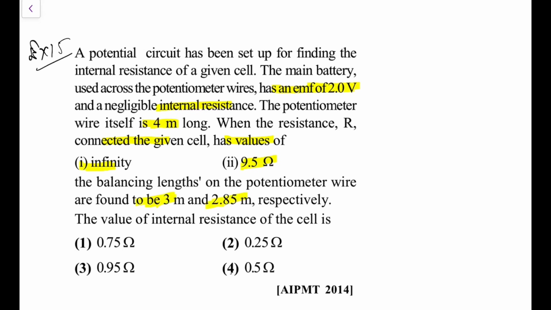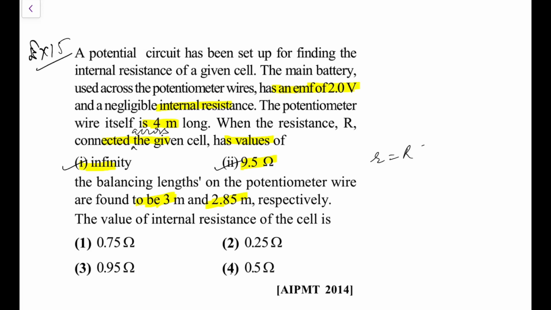The value of internal resistance? So I have taken this question just to give you an idea of the language. When the resistance R is connected across the given cell, I think it should be a printing mistake here. Across the given cell, when R is connected, that means it is shunted. When it is infinity, that means EMF will be measured because that is infinite, and when it is 9.5, you have that second case of the internal resistance measurement.